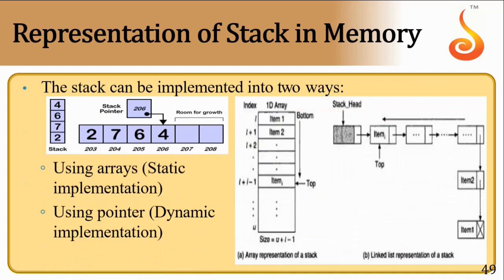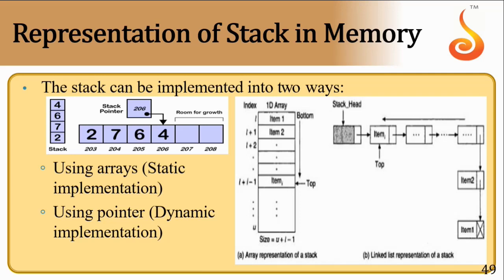Please have a look. This is the implementation of stack in two ways, using arrays, which is static implementation, and using pointers, which is dynamic implementation. So array based implementation we will be doing. Static is memory allocated during compilation time, and dynamic is during runtime. When I do linked list, I will speak about the nodes.